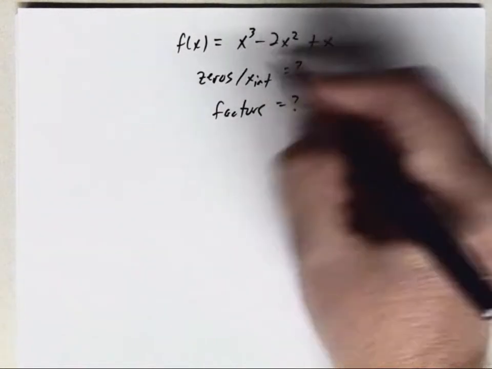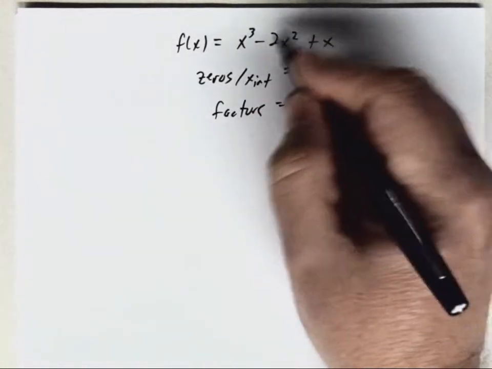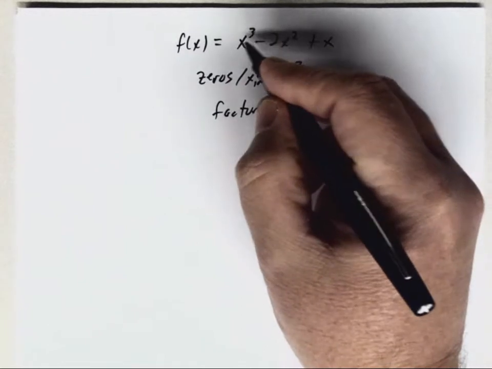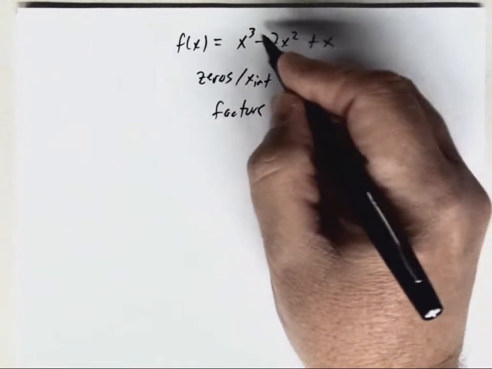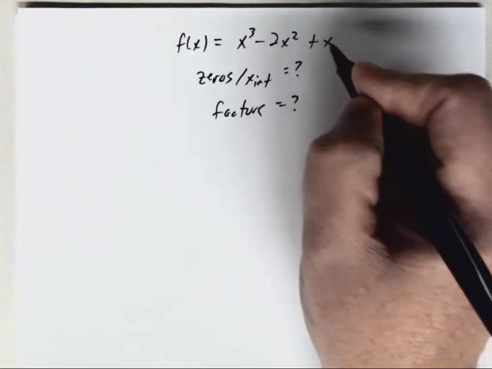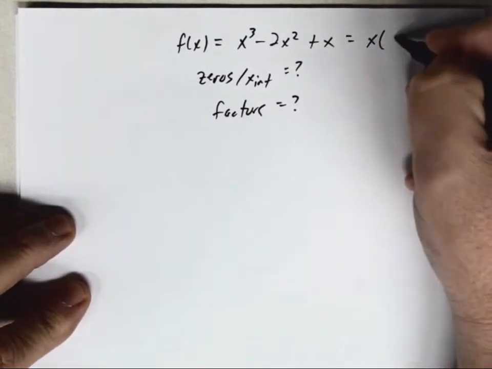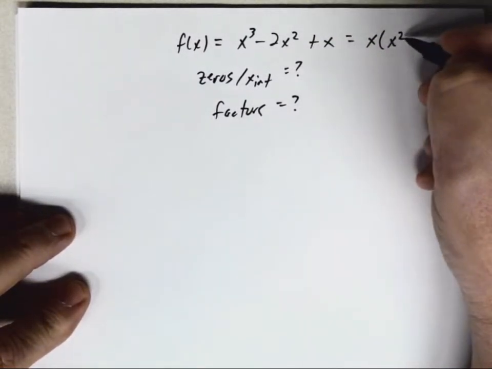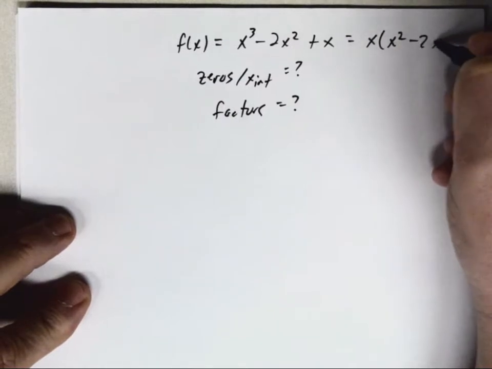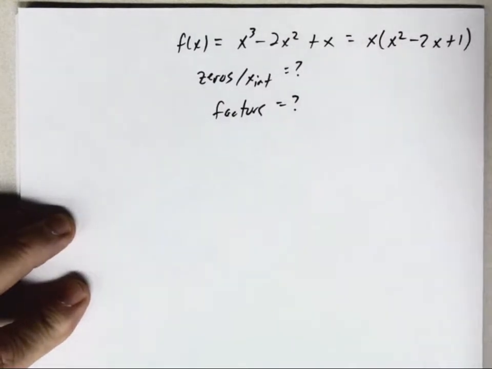In this case, this is a trinomial, but I notice I have a greatest common factor. I have an x in all my terms, so the first thing I have to do is factor out an x. So then inside the parentheses I have x squared minus 2x plus 1.